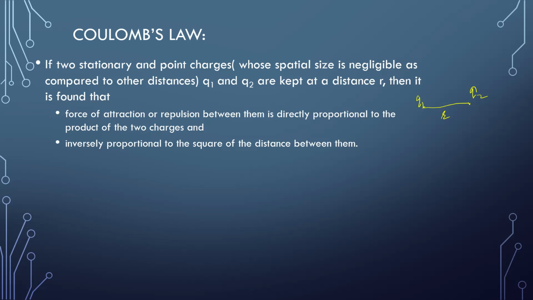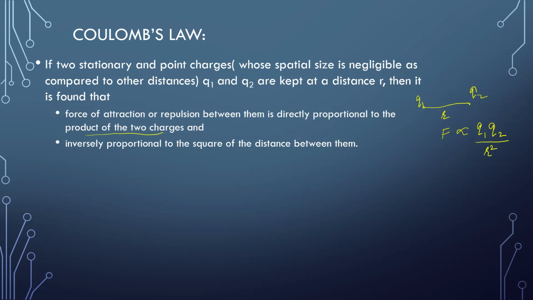Then the force of attraction or repulsion between them is directly proportional to the product of the two charges, that is F is proportional to Q1 Q2, and inversely proportional to the square of the distance between the two charges.